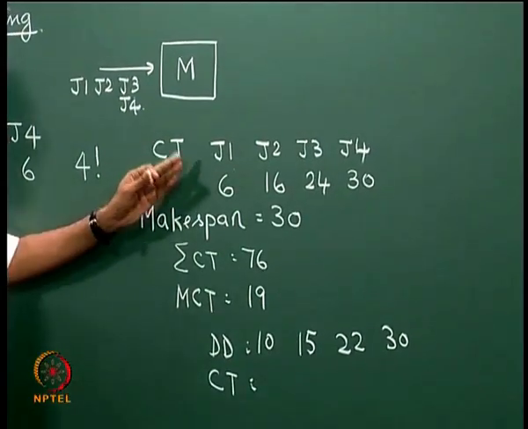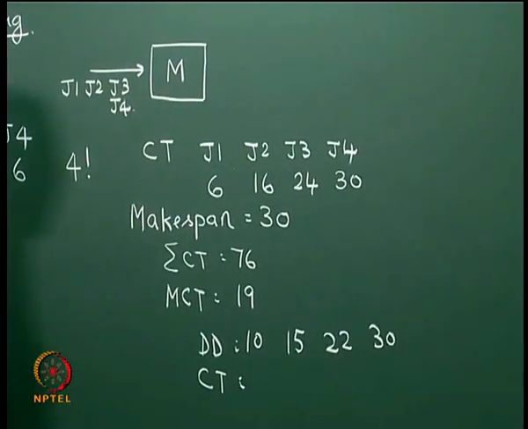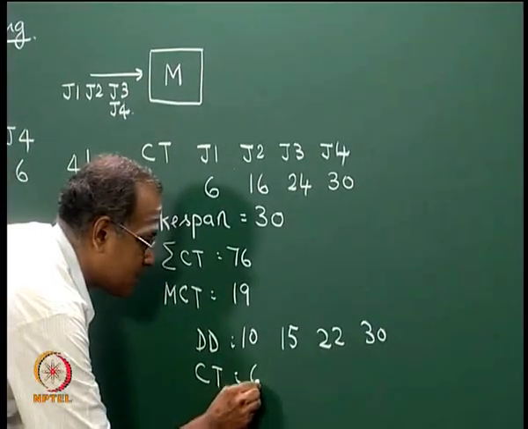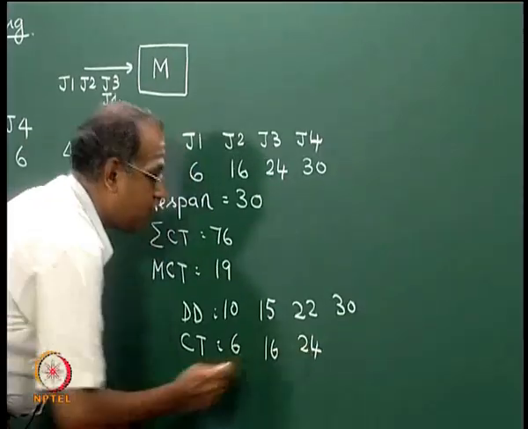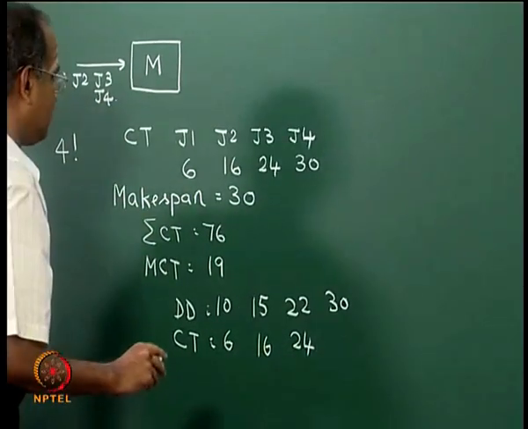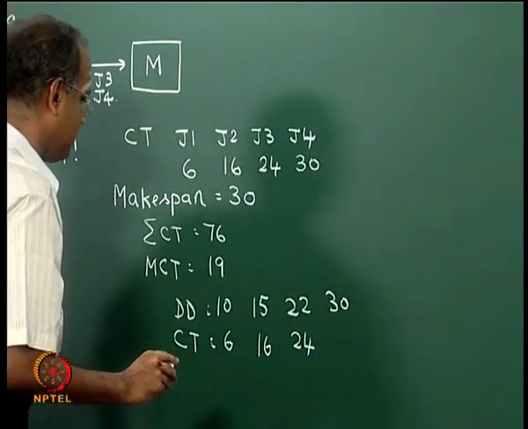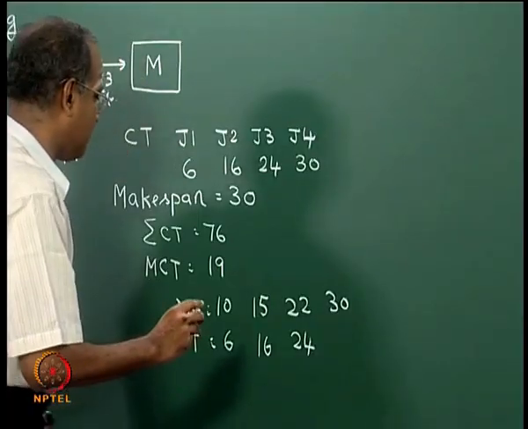If we follow the sequence J1, J2, J3 and J4, the completion times are 6, 16, 24 and 30.